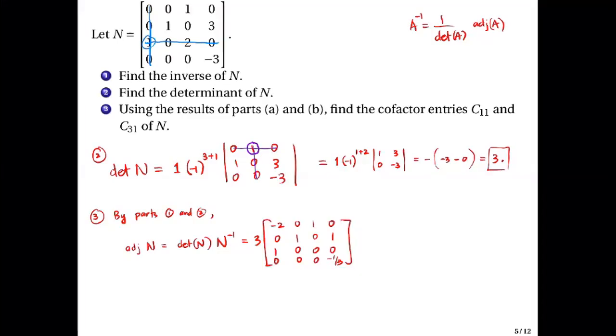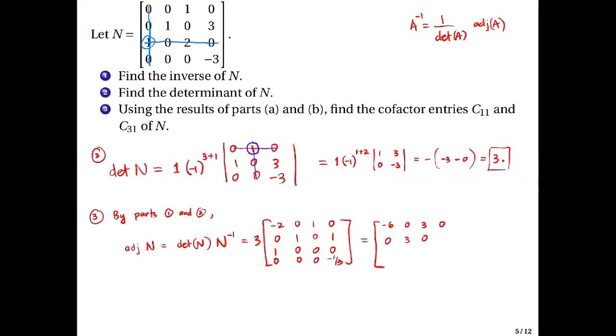And therefore, we'll just have negative 6, 0, 3, 0, 0, 3, 0, 3, 3, 0, 0, 0, 0, 0, 0, negative 1. This is the adjoint.